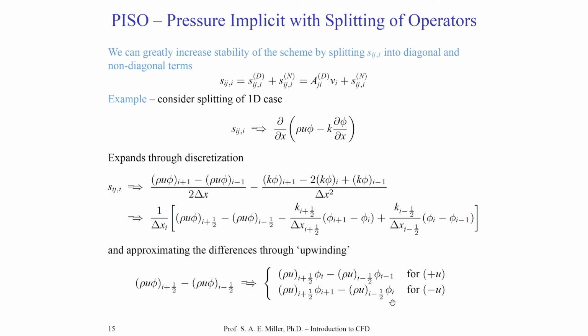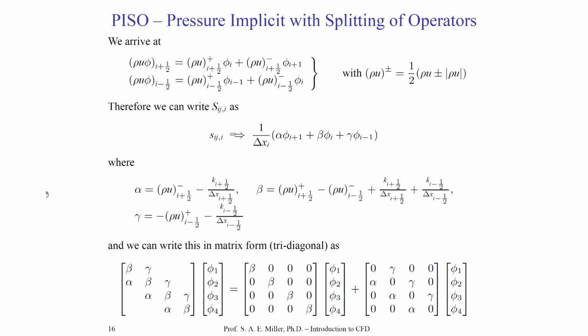That uses more grid points, or nodes, for the differencing approach and the direction of the wind. So using these operations, we can find the PISO with a splitting operation, which we just showed. And we'll arrive at these particular equations for rho u phi at I plus 1 and I minus 1, with, of course, an upwinding operator, which is equivalent to, of course, positive and negative velocities.